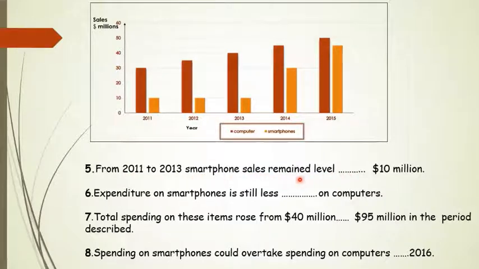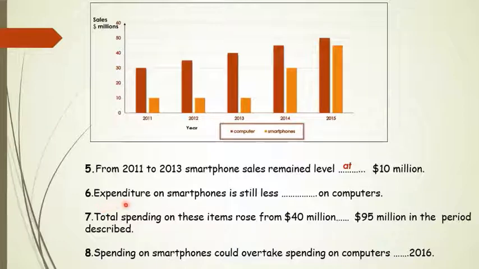See, 2011, 10 million, 2012, 10 million, 2013, 10 million. So sales remained level. Okay, yes, you had to use at $10 million. Okay, at $10 million.